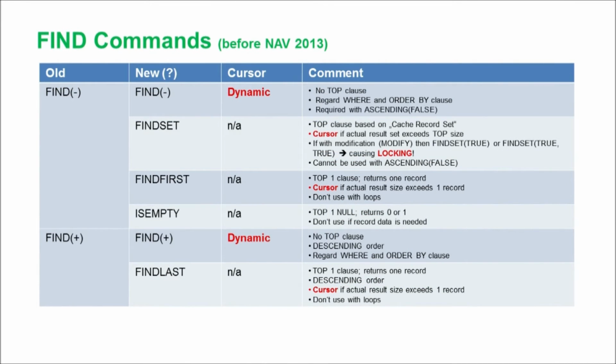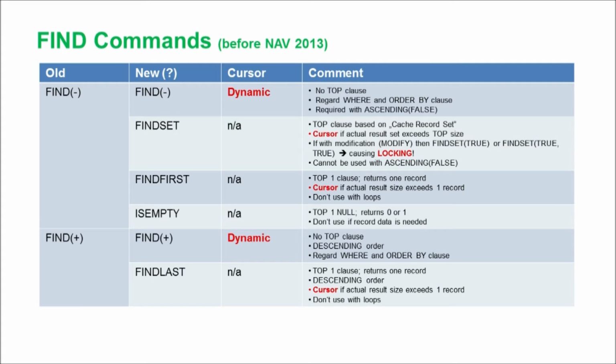In the second challenge, of how the indexes can be used or not, it depends on which methods we use for the programming. And here the huge challenge we have is that we have two different worlds. We have the old world, which is everything until Navision 2009 release 2, and the new world starting with NAV 2013.